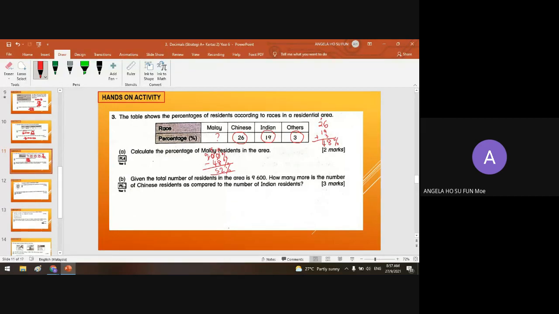Okay, B. Given the total residents of the area is 9,600, how many more are the Chinese compared to the Indian? Anyone get the answers already? Anyone wants to try? Teacher, can I try? Okay, what is your answer? 672.